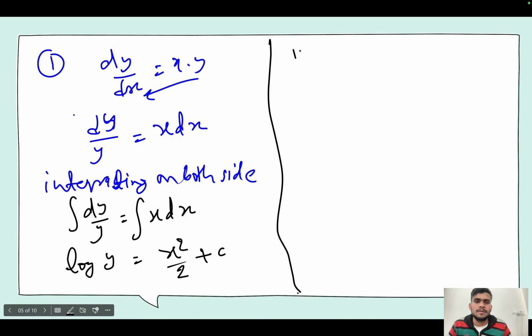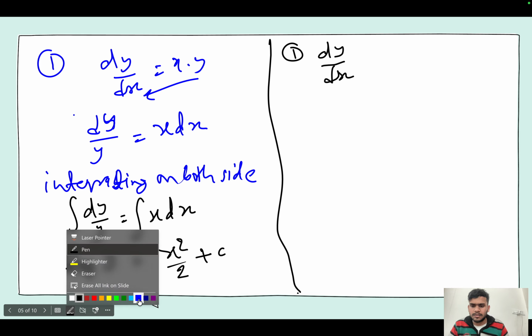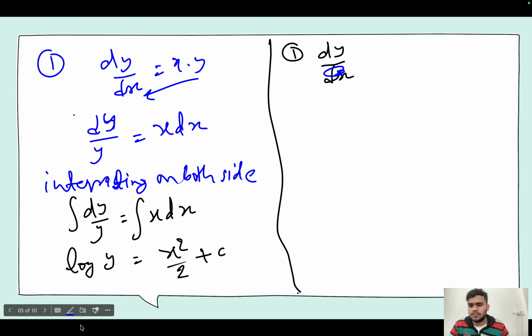For example, y dy plus x dx is equal to 0.